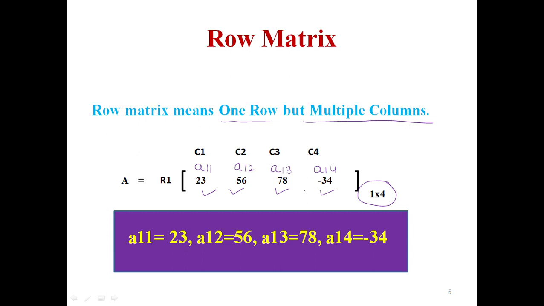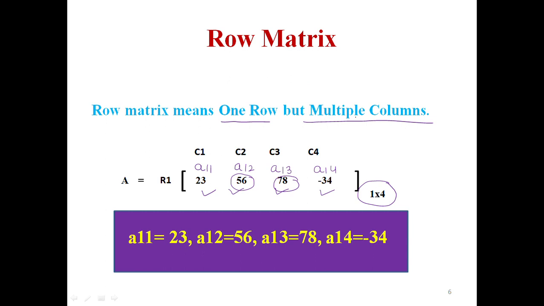If anyone asks you what's the value of first row third column, then you can say that 78. And like this, if anyone asks you what's the value of first row second column, then you can say 56. And this is the row matrix. You should keep in mind only that in row matrix only one row and multiple columns.